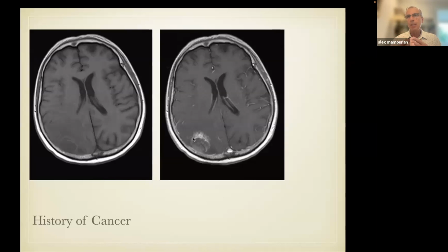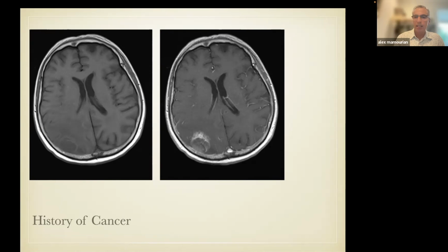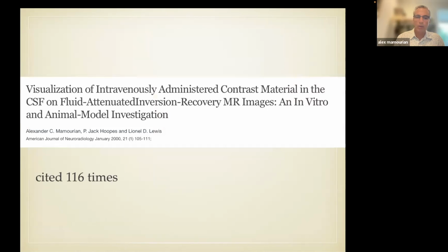What happens in these patients is the gadolinium leaks out from the tumor into the subarachnoid space, altering the relaxation time of the fluid. So in this patient, it would be a mistake to overread this as, say, carcinomatous meningitis in a patient with metastatic disease. This is gadolinium leaking into the subarachnoid space.